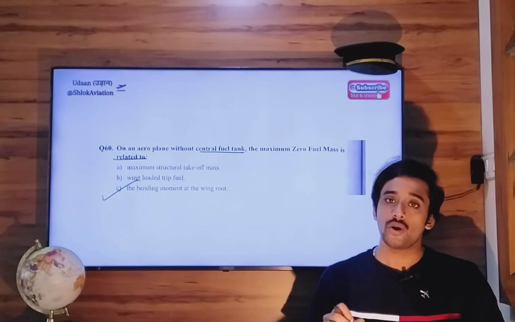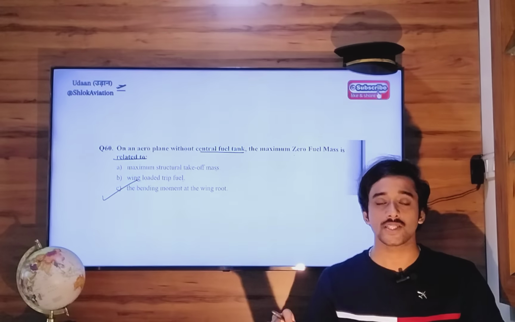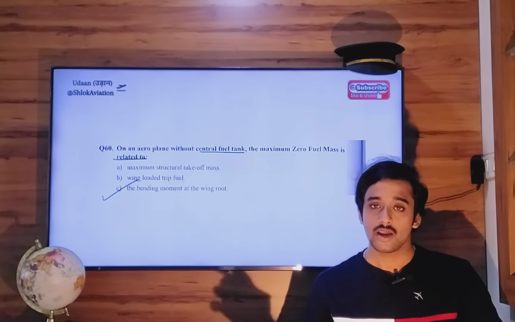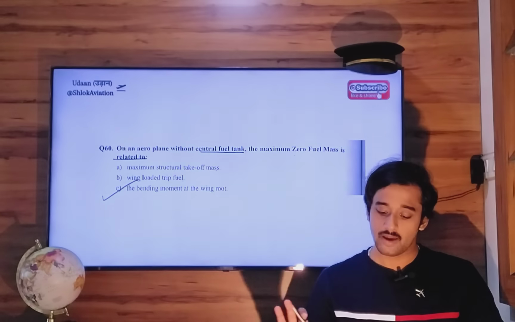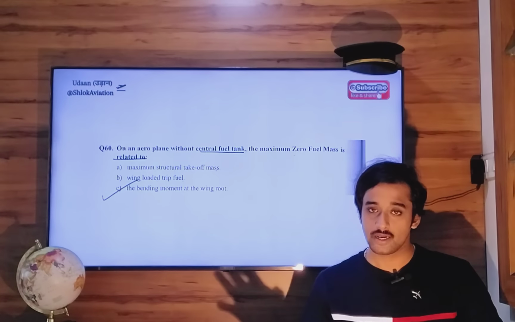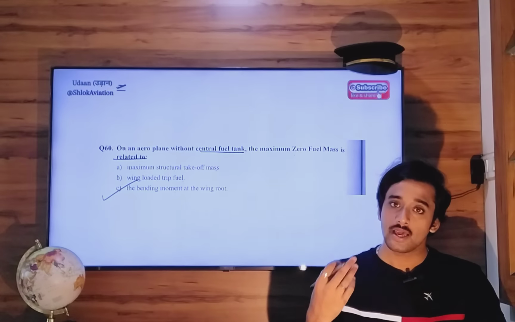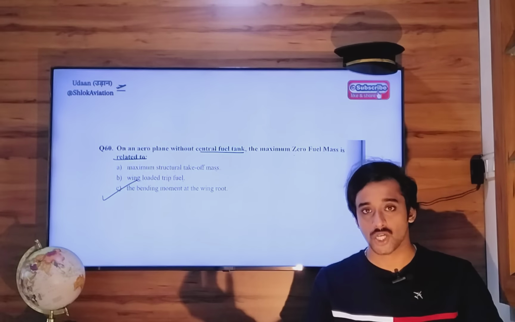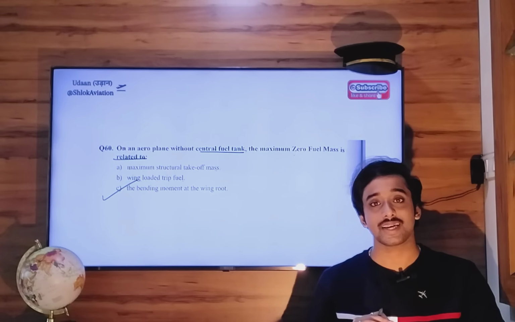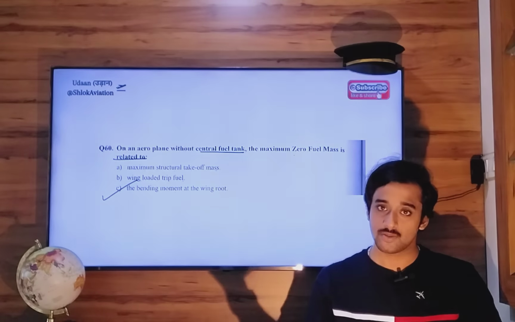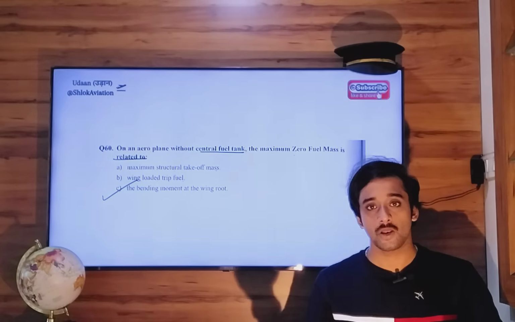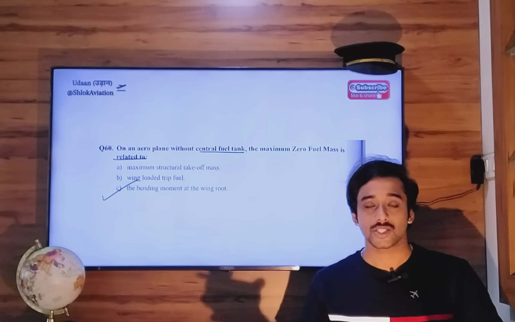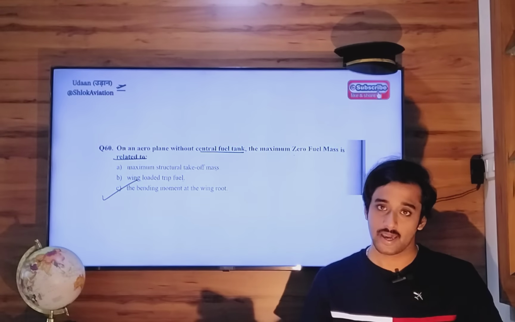The load imposed by all the constant forces in the fuselage of your aircraft is governed by maximum zero fuel mass. There is a limit up to which you can load your aircraft with payload and traffic load. If you cross the maximum limit, there will be unbearable or excessive loads or stresses imposed on the wings of your aircraft.